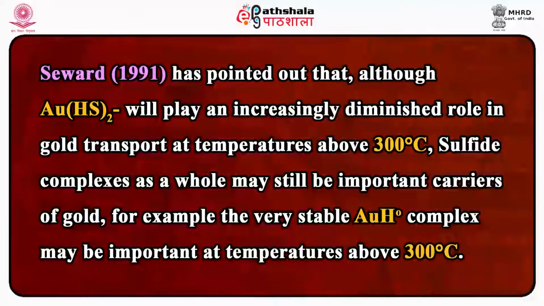Seward 1991 has pointed out that although AuCl2 will play an increasing role in gold transport at temperatures above 300 degrees centigrade, sulfide complexes as a whole may still be important carriers of gold. For example, the very stable Au(HS)2 complex may be important at temperatures above 300 degrees centigrade.